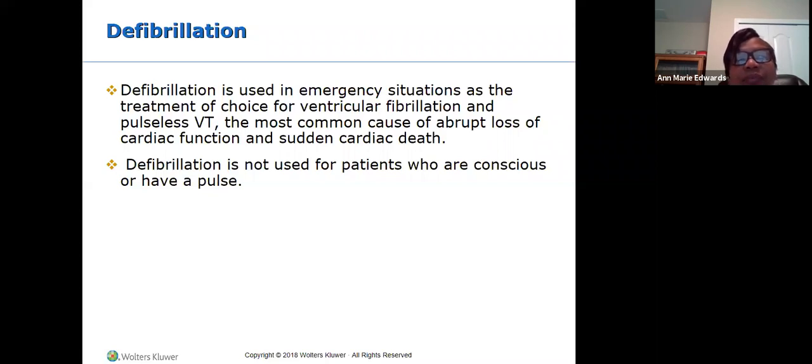Defibrillation is not used for patients who are conscious or patients who have a pulse. Remember what we say if they have a pulse, what we would use? Yes, we would do cardioversion if they have a pulse, not defibrillation, okay?